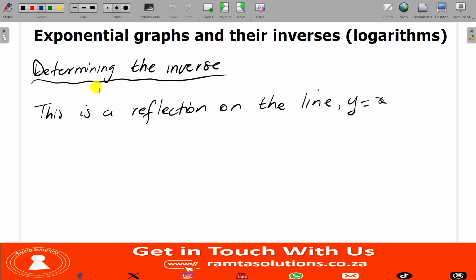So we said when we are determining the inverse, it is basically a reflection on the line y equals x. So the inverse of an exponential graph is a logarithmic graph.